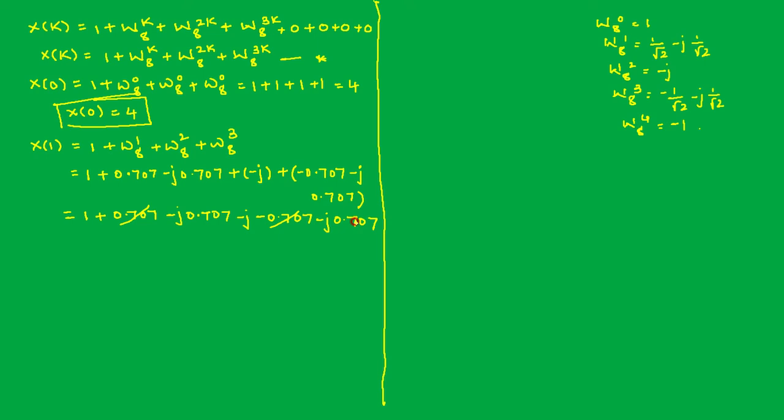So we will get 2 times 0.707, that is you will get 1.414, and here there is one more minus j, so you will get 1 minus j 2.414, right? Am I right now? Okay, x of 1. So x of 1 value is how much? 1 minus j 2.414.